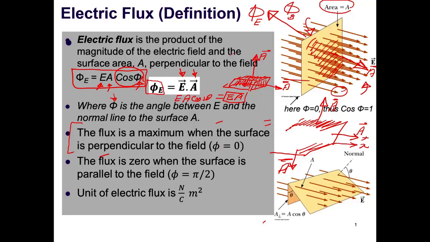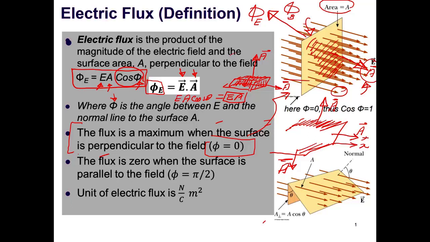In that case, phi is equal to 0. Look at this one: the surface is perpendicular to the field, so don't confuse, but the area as a vector is along the field.